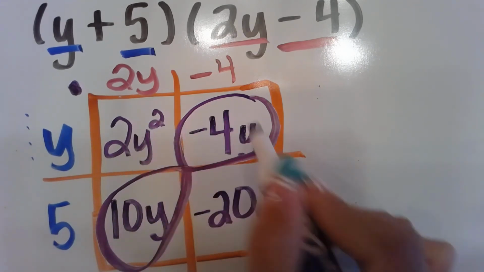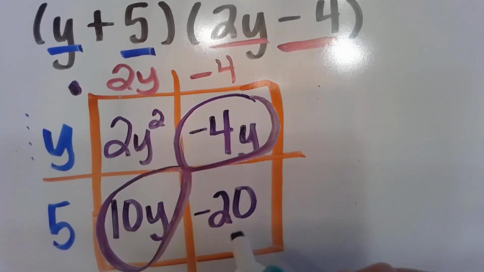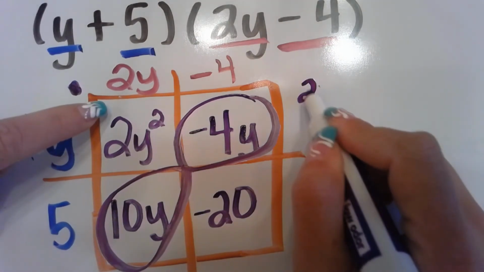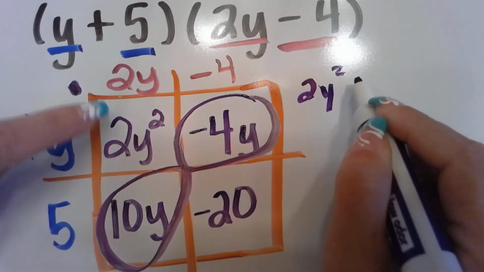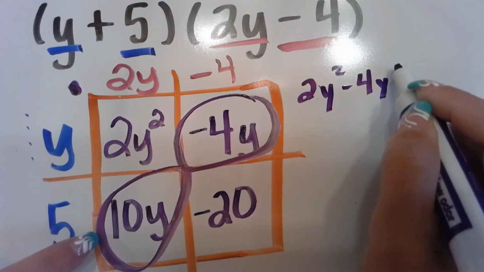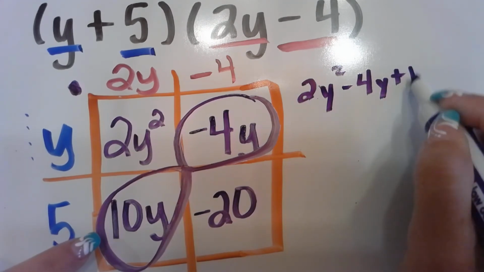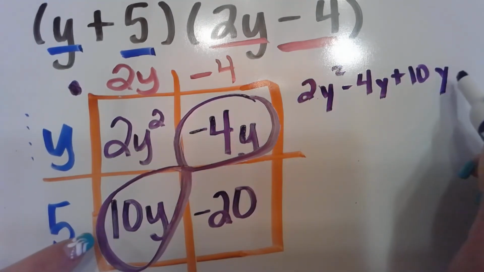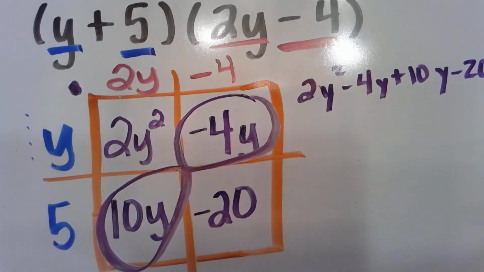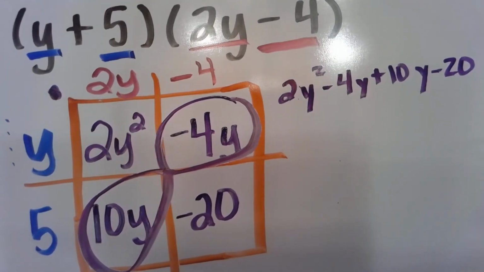That one doesn't pair with anything because it doesn't even have a variable or a letter attached to it. And if we want, we can go ahead and write out each piece so we can look at it. So we have 2y squared minus 4y plus 10y minus 20. Let me scoot the camera over a little bit.